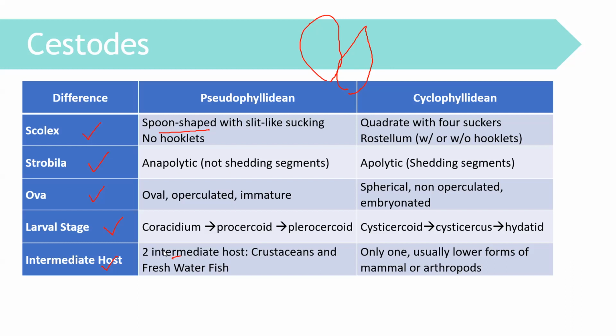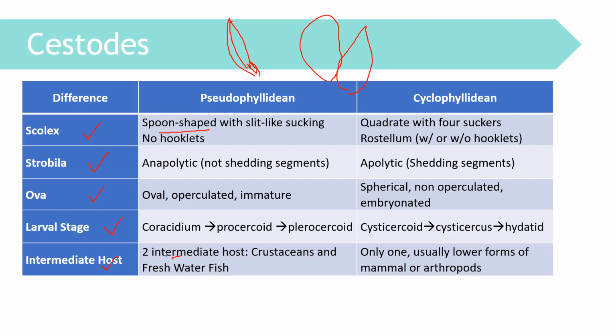Now, unlike your cyclophyllidean, quadrate with 4 suckers, with the presence of rostellum, no? With or without hooklets. Yung pseudophyllidean natin, spoon-shaped, with slit-like structure. May slit, may parang butas, may parang hiwa. Okay? Yan. This is nice. This is the head of our Diphyllobothrium latum.